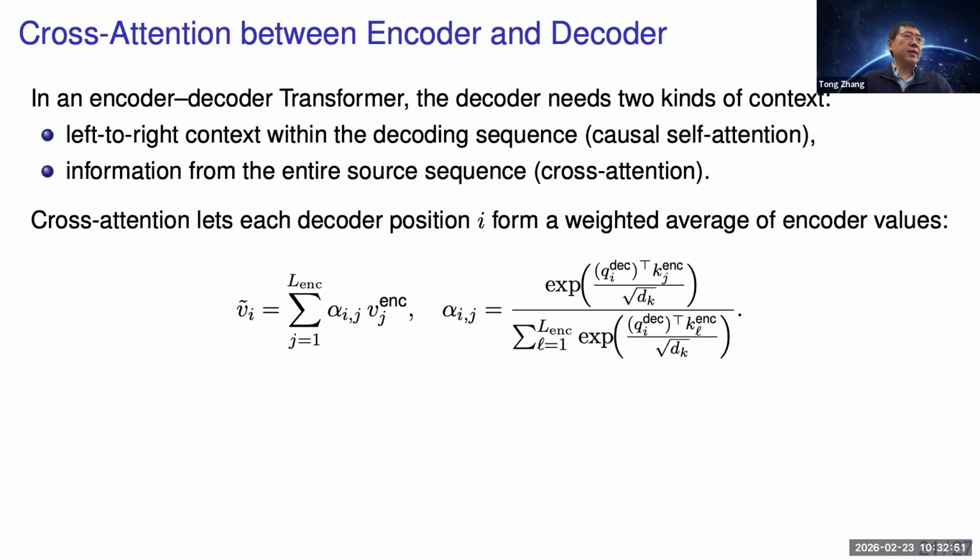Here is what it does, using the same formula for each position. I form Q, K, V of my encoder. My decoder Q does the product with the keys of the encoder, all the positions, and sums over V. So this is over the encoder length.